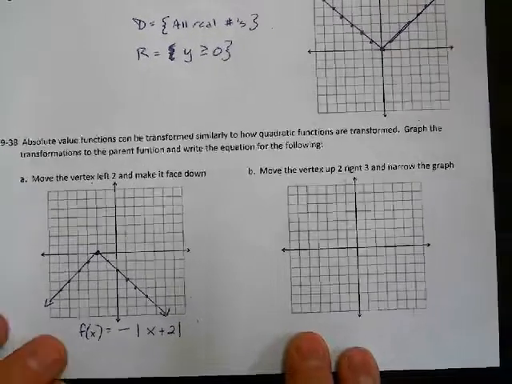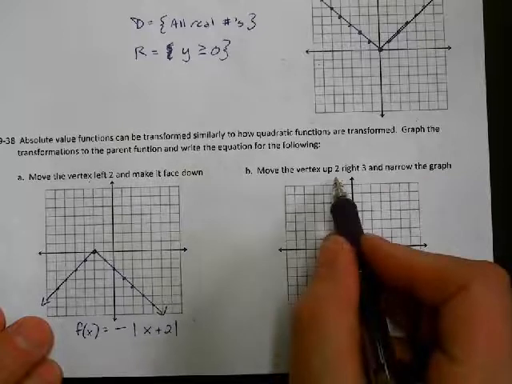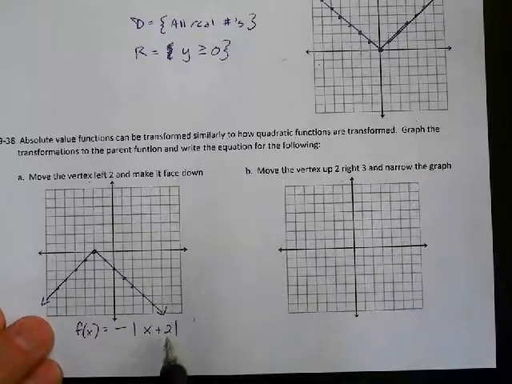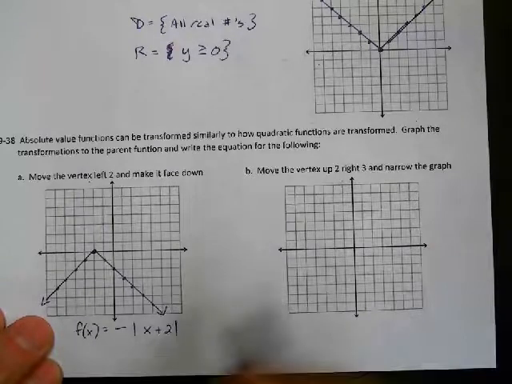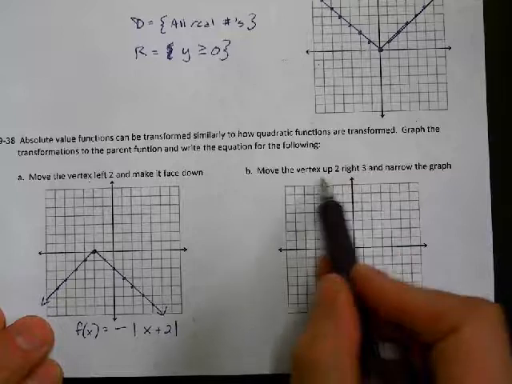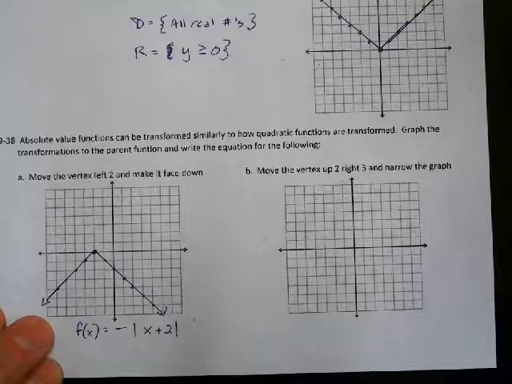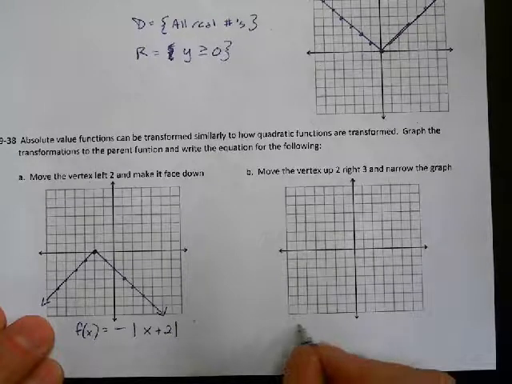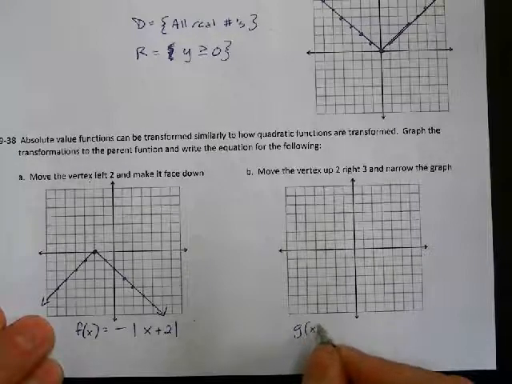Now the next one, we want to move the vertex right 2, so we want to go this direction 2, which means we're going to need a negative in here. And it's going to go up, right 3 and up 2. Now this one we also want to narrow the graph. We'll call this one g of x. So let's say we want to narrow the graph.